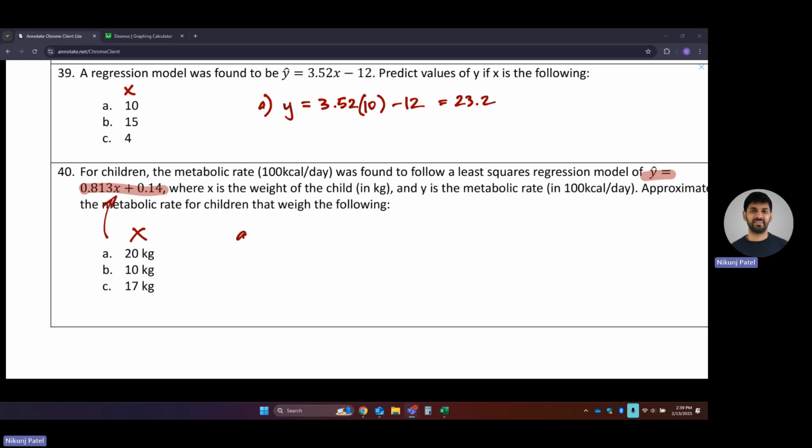So for part A, for example, y equals 0.813 times, in this case, we're measuring the kilogram weight of the patient to determine their metabolic rate, plus 0.14. So crunch those numbers in the calculator. What you should get for part A, to make sure that you're doing this correctly, is 16.40. Do the same things for part B and C on each of these.